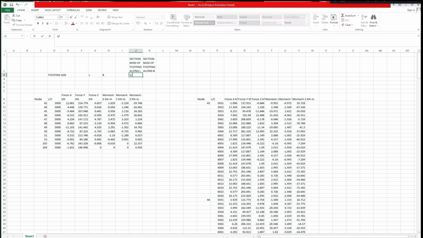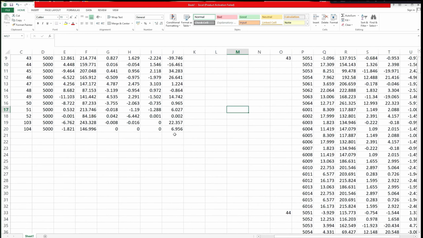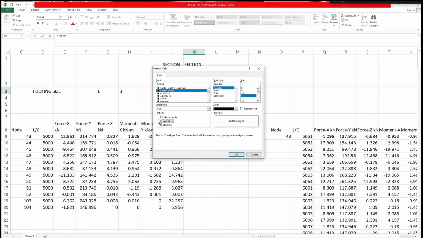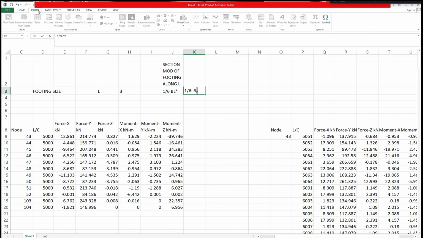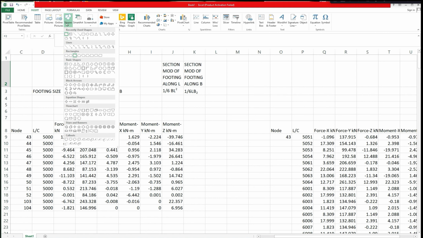This is equal to 1/6 B L squared. And along B it will be 1/6 L B squared. What is this? This is nothing but, suppose we have a rectangular footing like this.